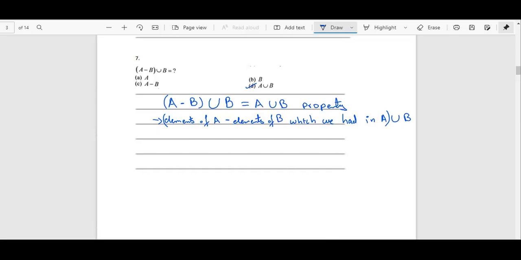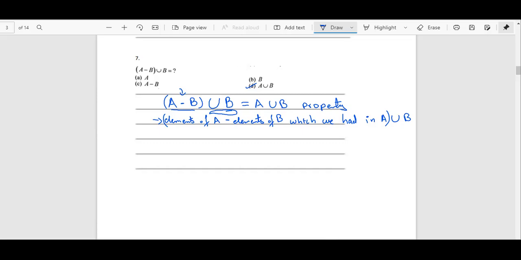Although we have taken out the elements of B from A in this part, since we are taking the union with B, we are going to get back all those elements and all of A as well, because this already has every element of A other than the elements of A which were in B. But since we have taken its union with B, we are going to get back all the elements of B which were in A as well. So in short, we will get the whole A back.